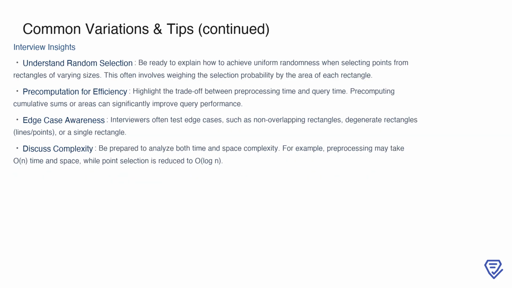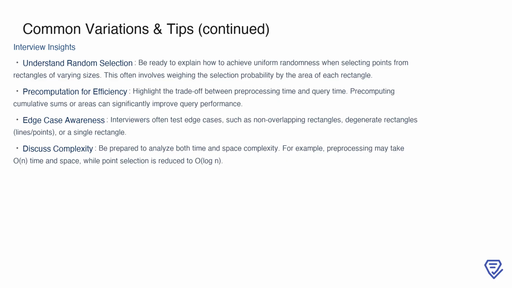Now, let's focus on some insights that are particularly relevant for interview settings. One key topic is understanding how to achieve uniform randomness when selecting points from rectangles of varying sizes. This involves ensuring that the selection probability is proportional to the area of each rectangle. Interviewers may also expect you to discuss pre-processing for efficiency.